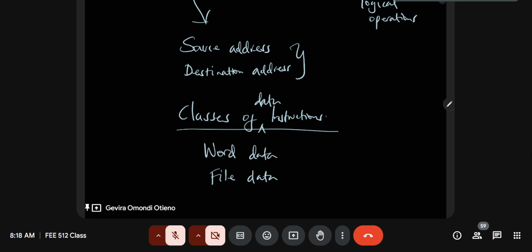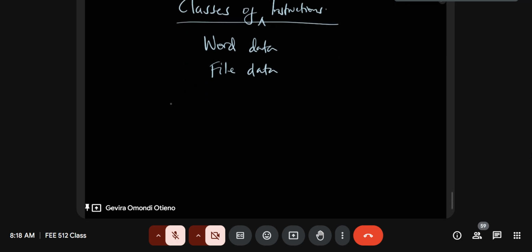So what is word data and what is file data? I will share notes. I'm still compiling a few notes that I will share with the class rep. But what we must understand is, if we were to take a memory, let's say this is just a section of memory.